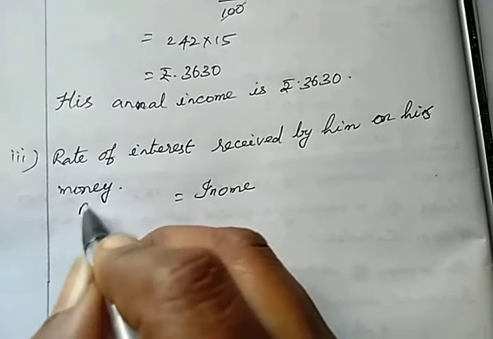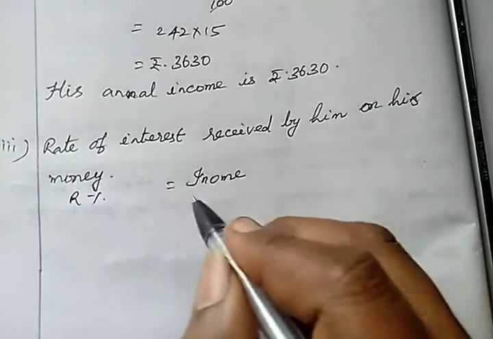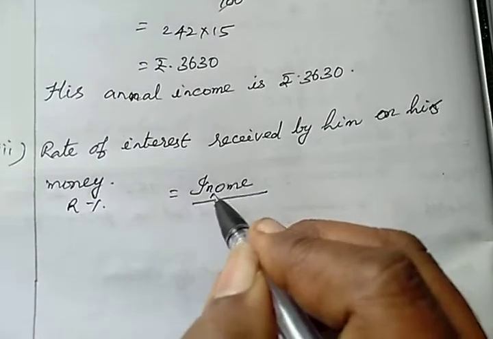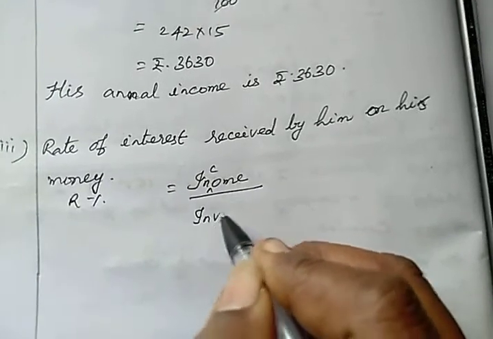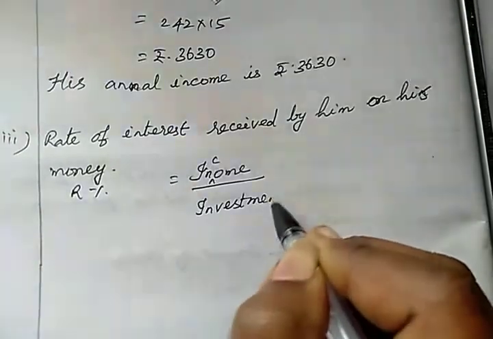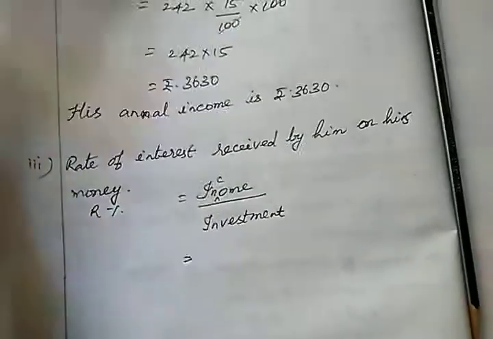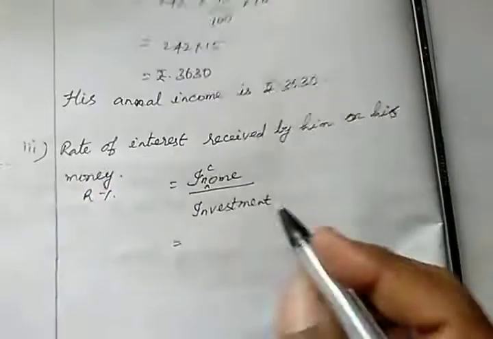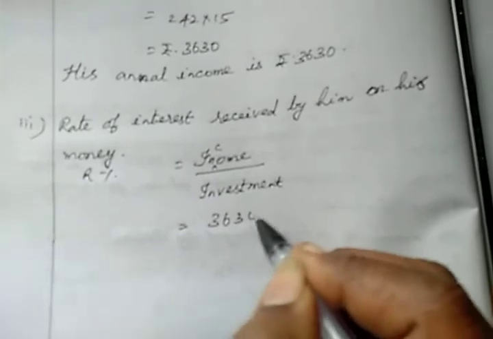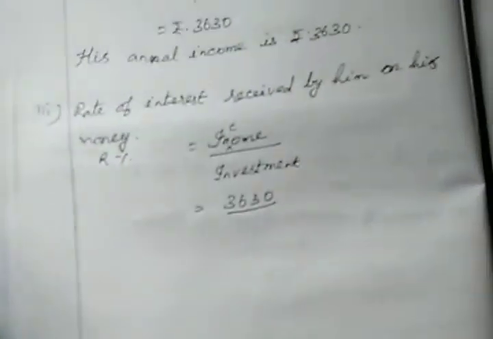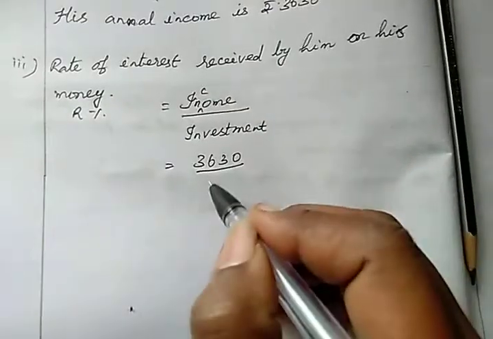Rate of interest is equal to income divided by investment. Income is the annual income we have found out, 3,630, divided by his investment, 29,040 rupees.